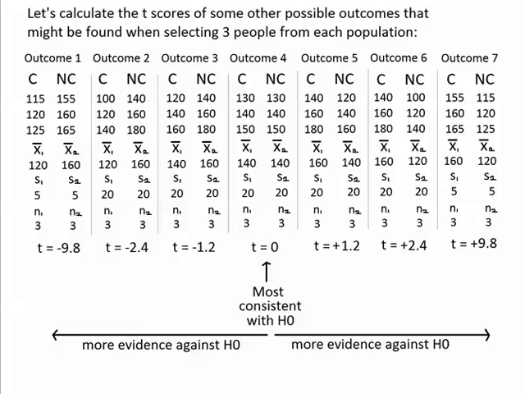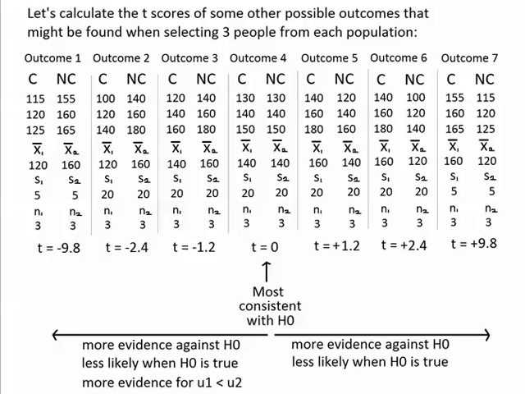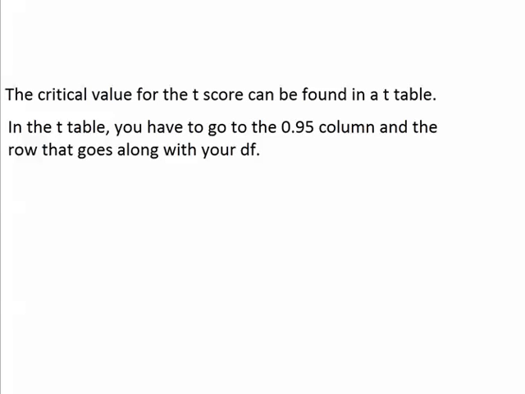But what you have to do is check to see whether the t-score is big enough to reject H0. It's only big enough if it reaches the critical value. And the critical value can be looked up in a table.